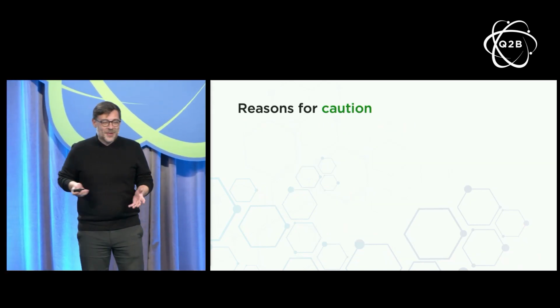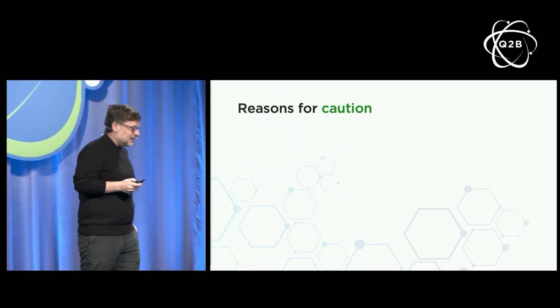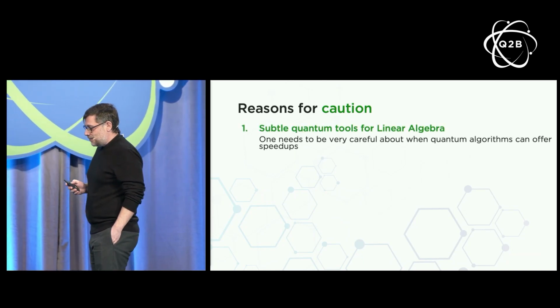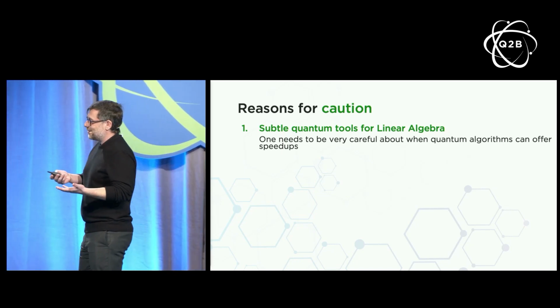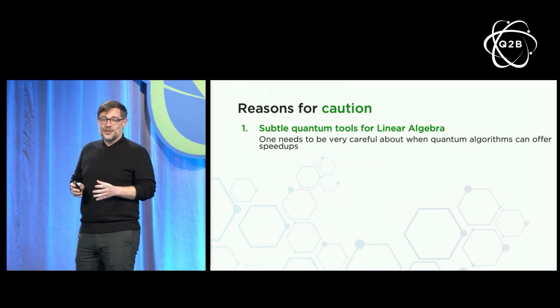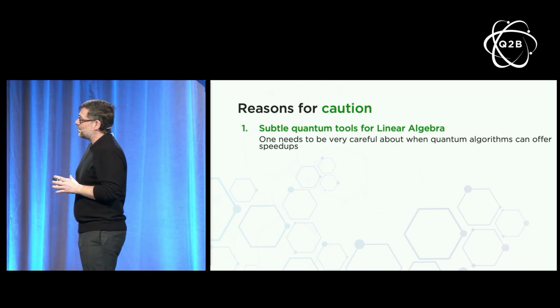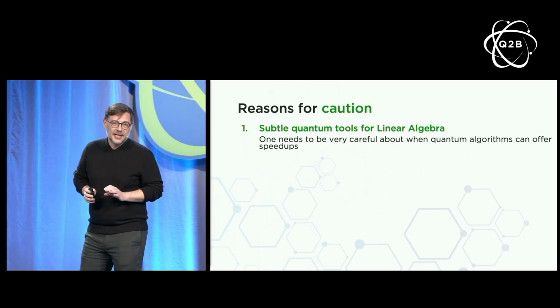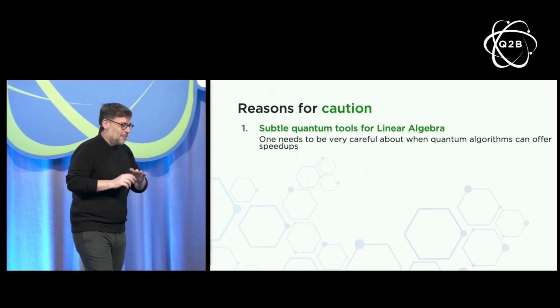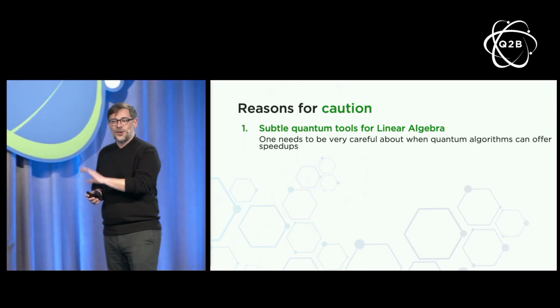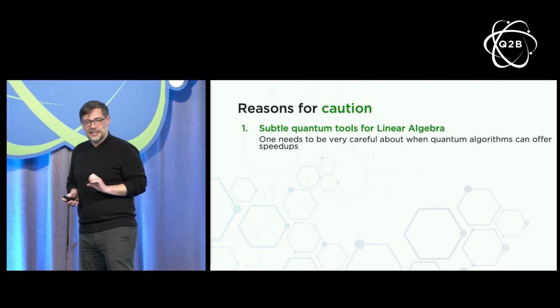There are also many reasons to be very cautious about it, and I will just want to mention a few of them. The first one is basically the same as one of the reasons to be optimistic, which is that we have some very powerful quantum tools for this, what we call linear algebra, but they are extremely subtle, meaning that it's not a black box thing that you can just press the button and say, I know that it will always work better than my classical algorithm.